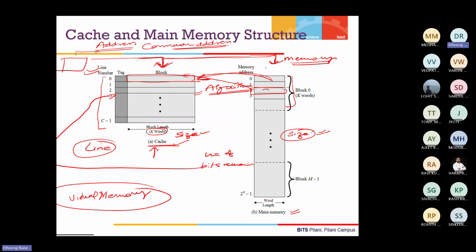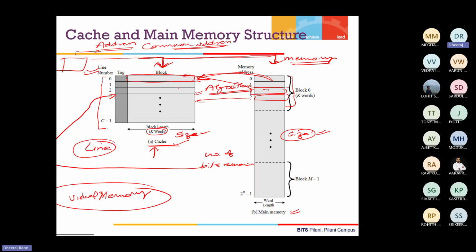So there will be a bit of restriction in a specific area where a particular block can be placed. So if this block three needs to be placed, then based on the algorithm, I should be putting it into a specific line number so that it can be fetched at a later stage.